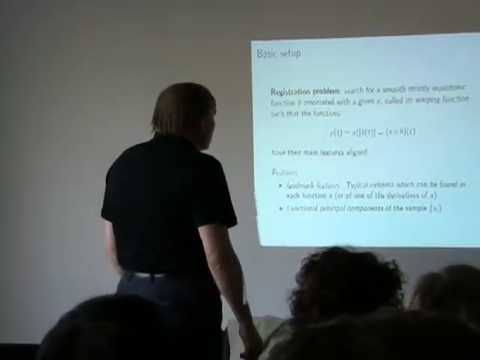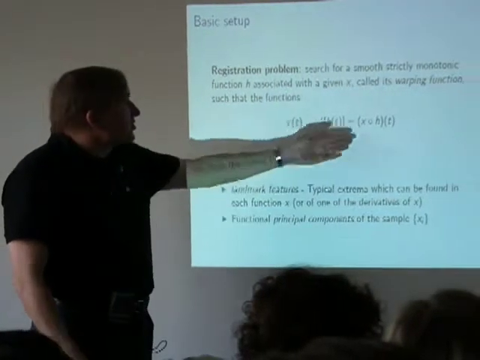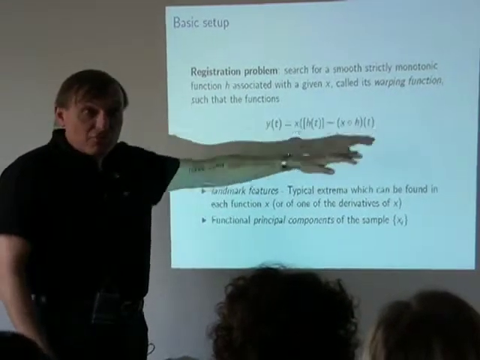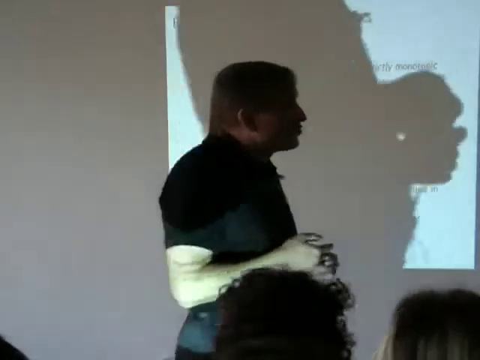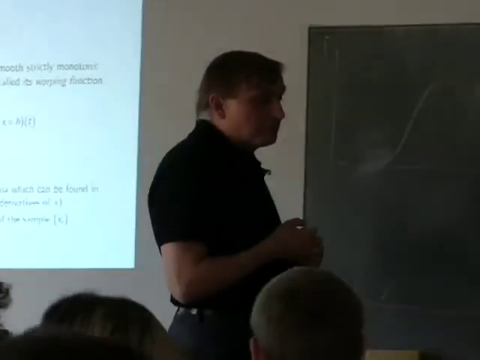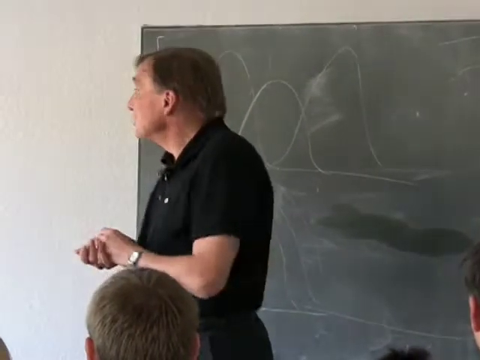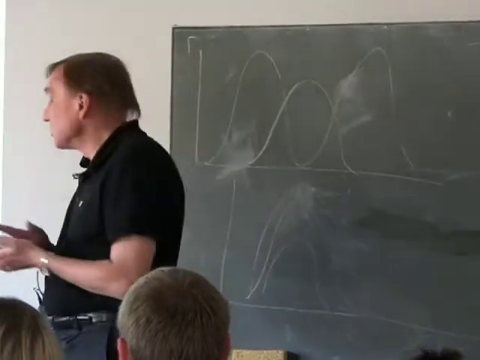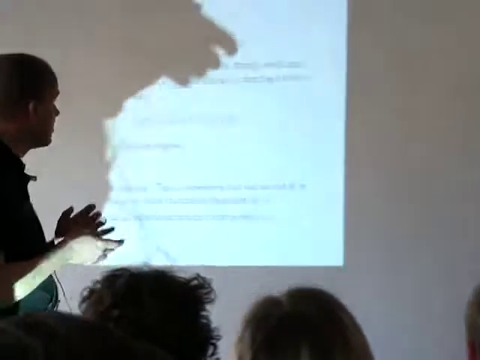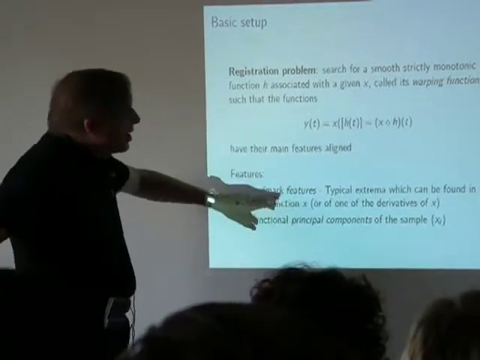Okay? And usually the problem is, what's your criterion of success? When did you do a good registration? Well, the usual criterion is more or less just a visual one. They look well aligned after you've done that, and there's no longer a lot of phase variation. So, for example, you have landmark features.